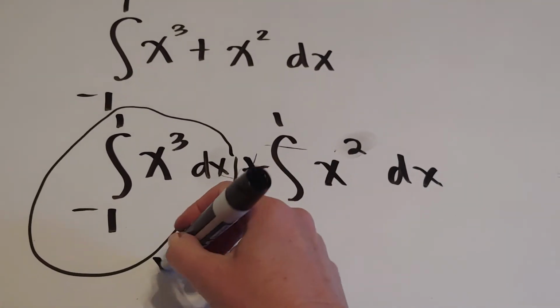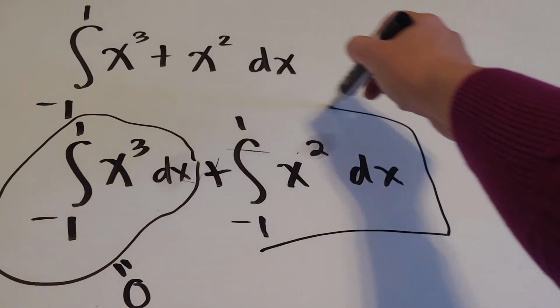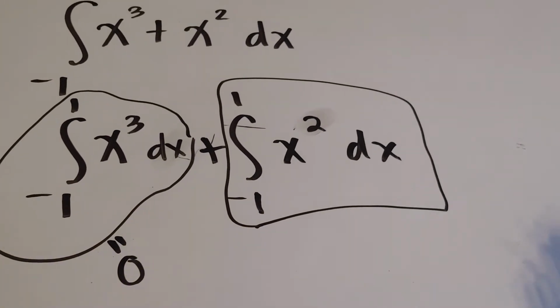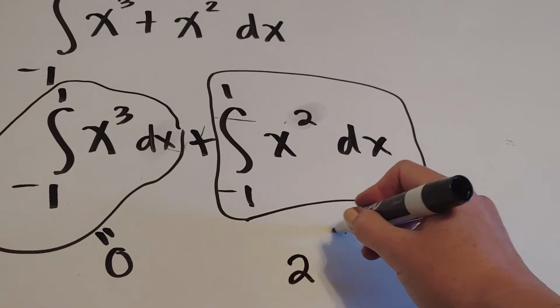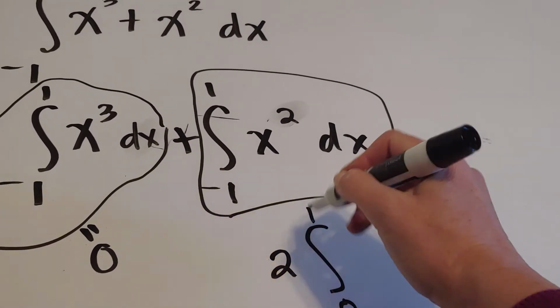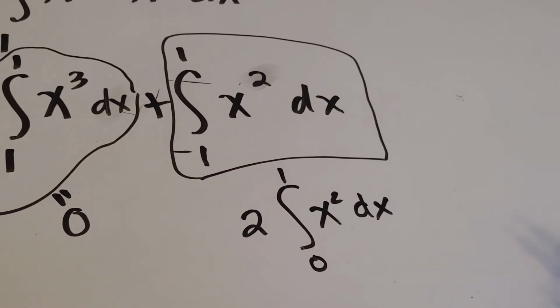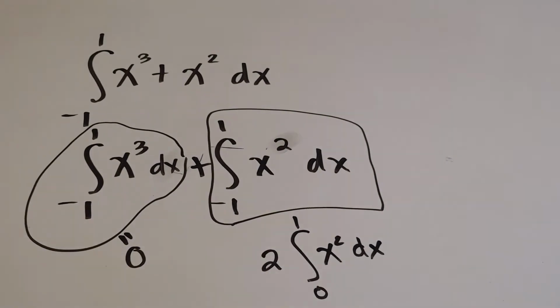So this will go to 0. However, this one is going to survive. You would still have some things. How many things? Well, if you wanted to, because this is an even, you could do the integral from 0 to 1, double it, of x squared dx. Okay, so that would be the answer to the whole thing.